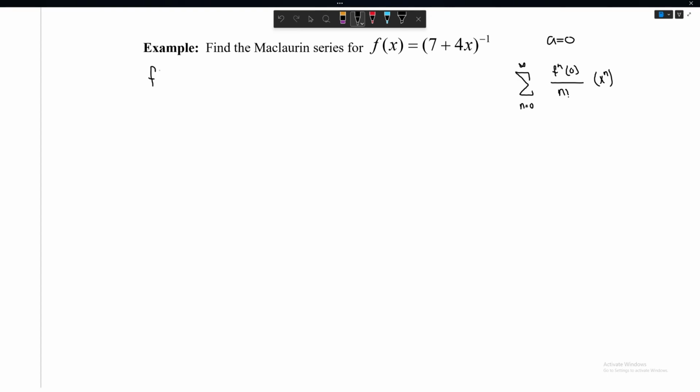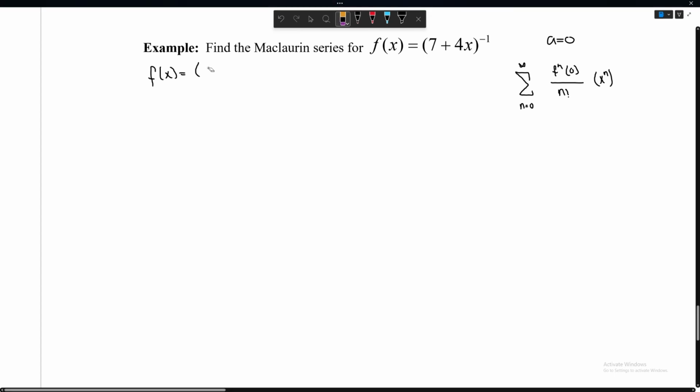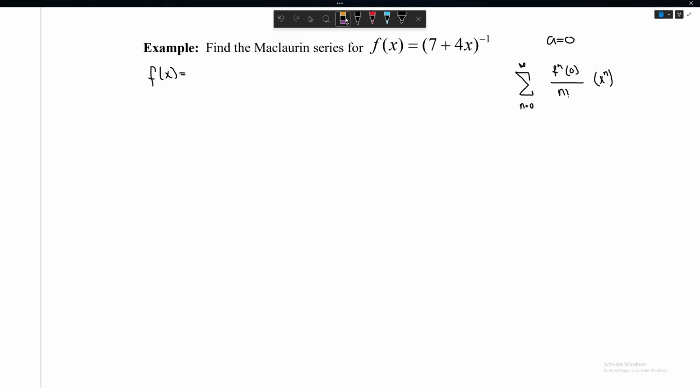We have f at x equals 7 plus 4x to the negative 1, right? What I'm going to do here, I'm actually going to do it at 0 right away, okay? Since there's no point in doing this part. So if I take it at 0 right away, what I'll get is first 7, then negative 1.